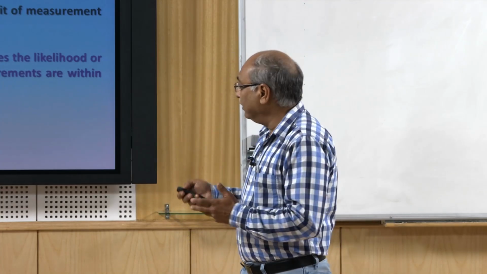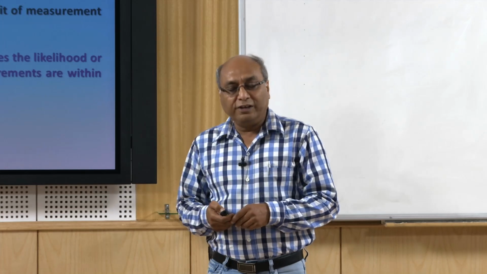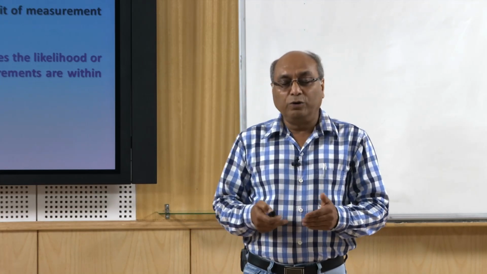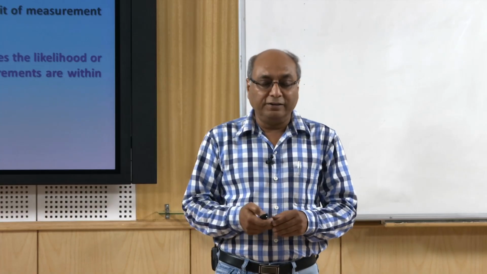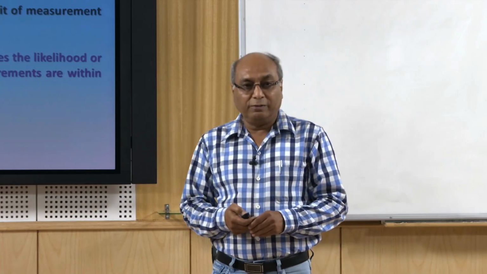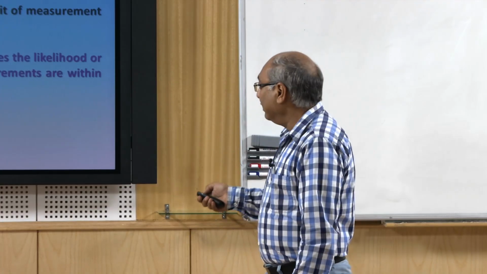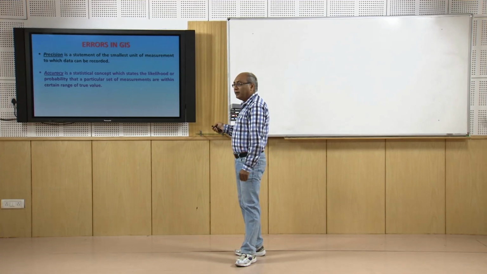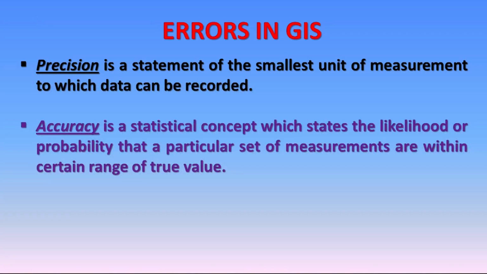As you know, in simple physics experiments, we were asked to measure certain things or do the experiment 5 times and then take the average. So this is the likelihood of probability that a particular set of measurements, maybe 5 measurements, are within a certain range of true values.